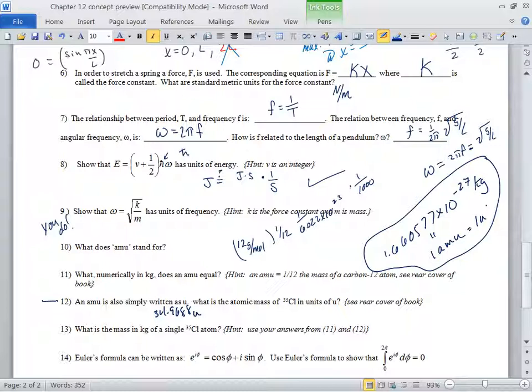So we can convert these U's into kilograms, because all these tables are in U's. That's the purpose of doing all this. We know it in U, but in kilograms it will be.